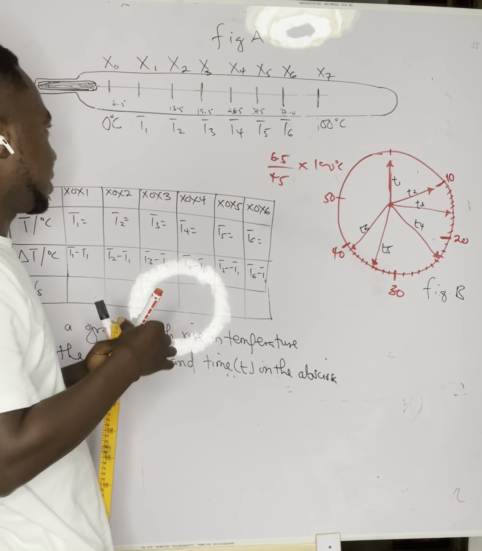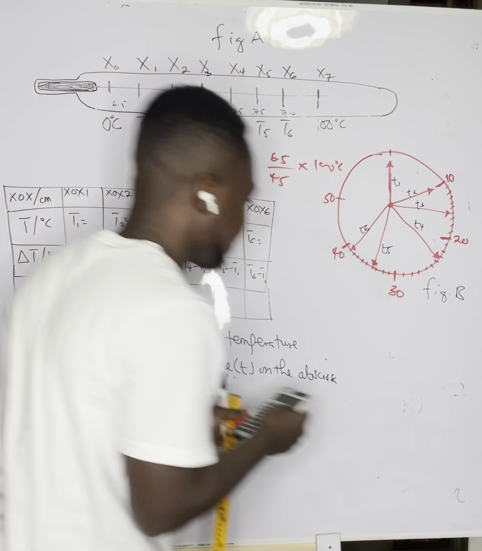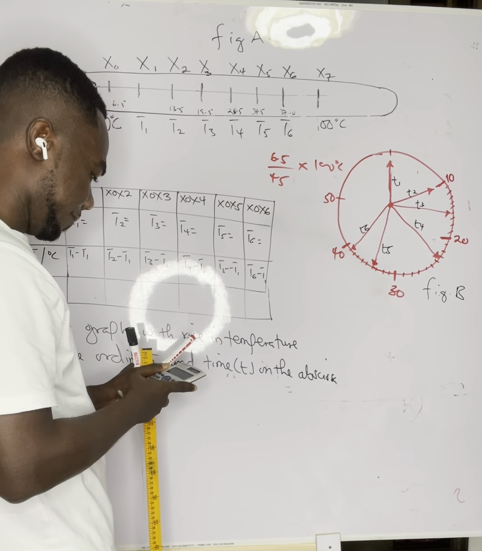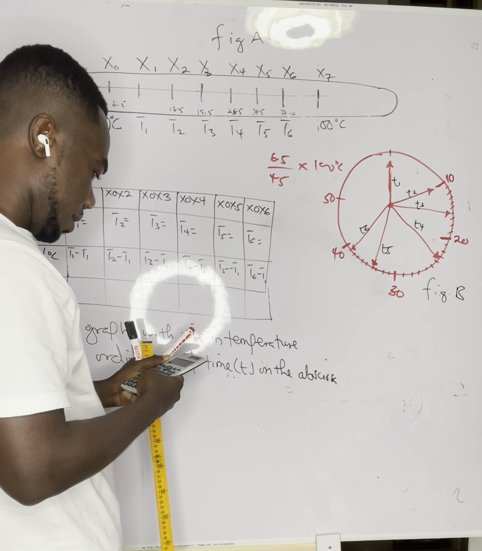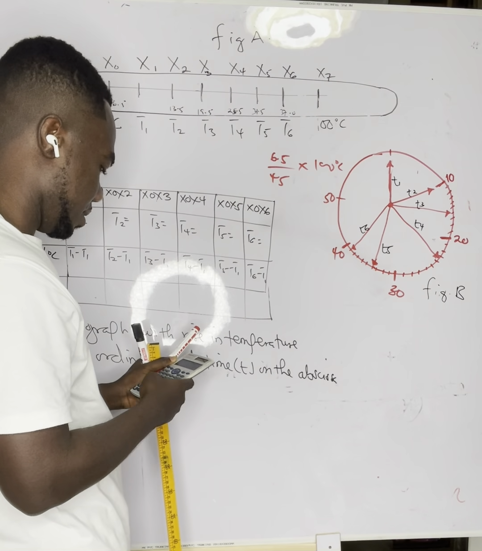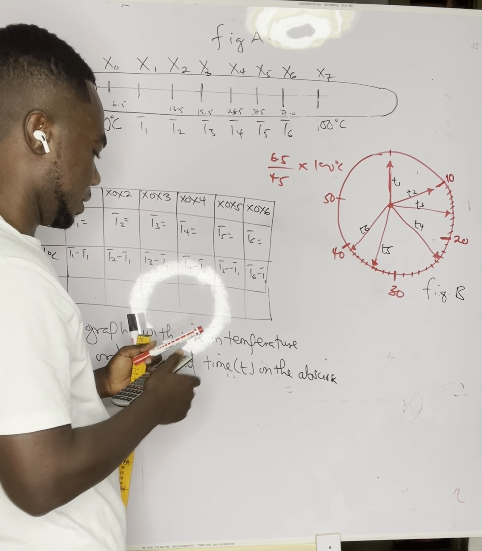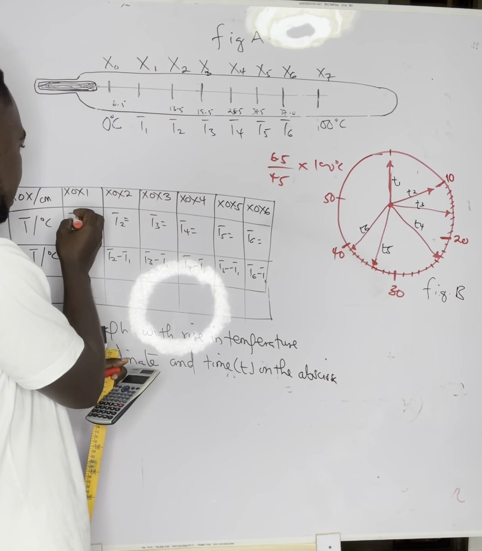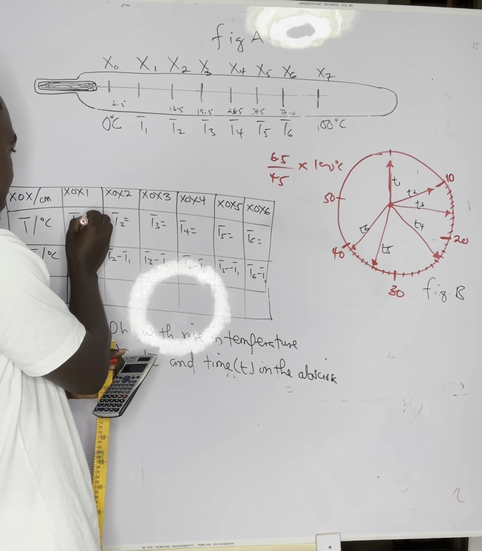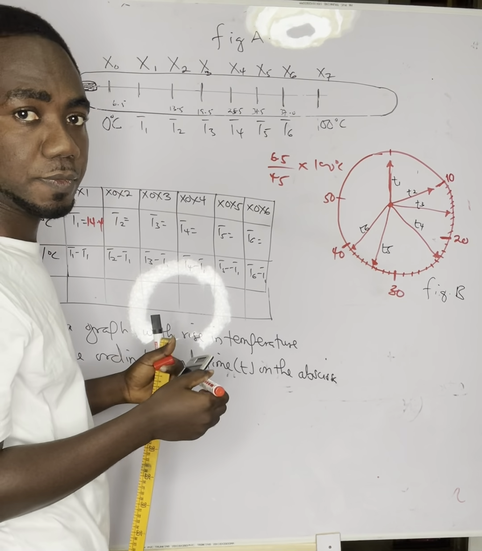So 6.5 divided by 45 multiplied by 100 will give us 14.4. The corresponding temperature reading here is 14.4 degrees Celsius.